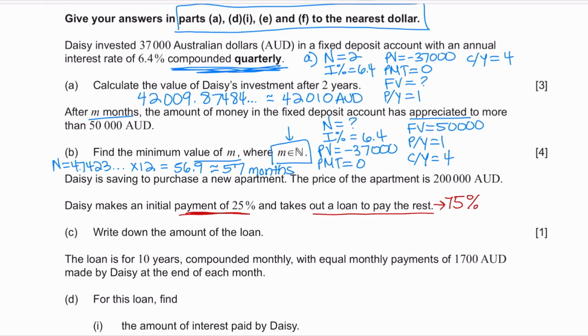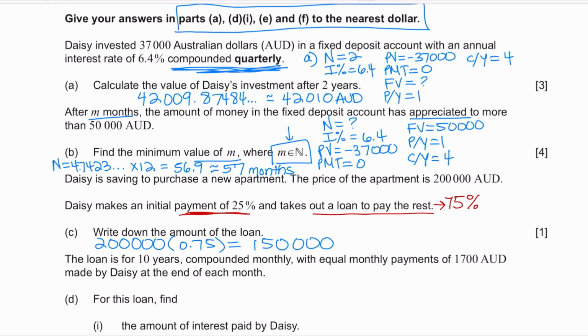So she put down 25%, she's gonna have to finance 75%, which means that I can just go ahead and take the 200,000 and I can multiply that by 0.75 to figure out that the amount of the loan is 150,000. I was able to do that in just one shot.